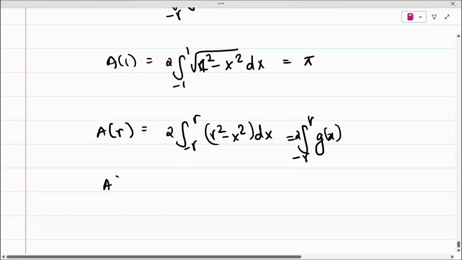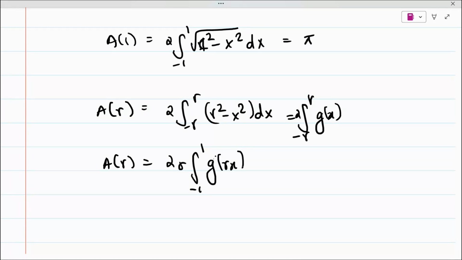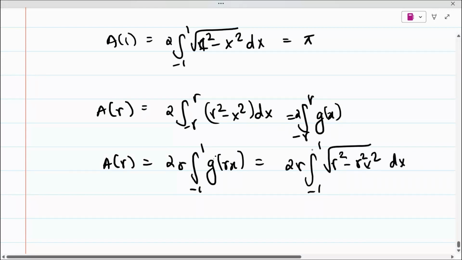But then we have r, then also r times minus 1 to 1, where we divide by r, the expansion or contraction in the integral, and you get g of r, which is equal to 2 times the integral from minus 1 to 1 of the square root of r squared minus r squared x squared. We take the r out.